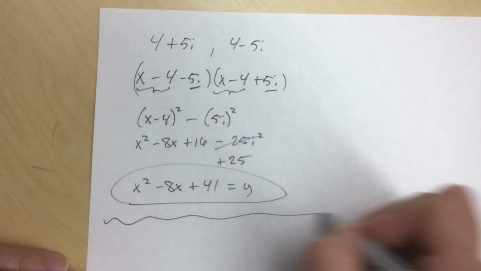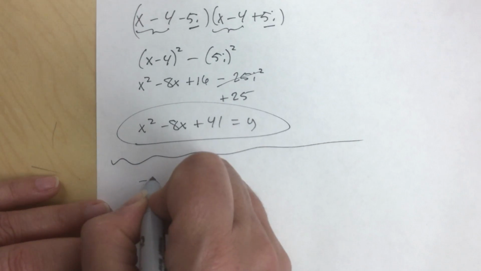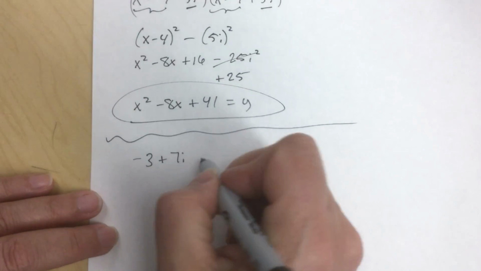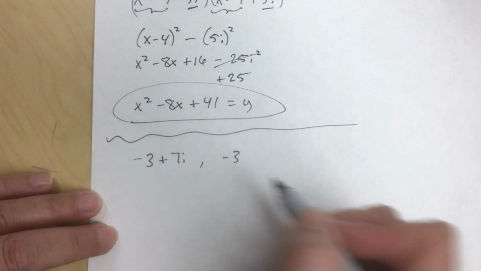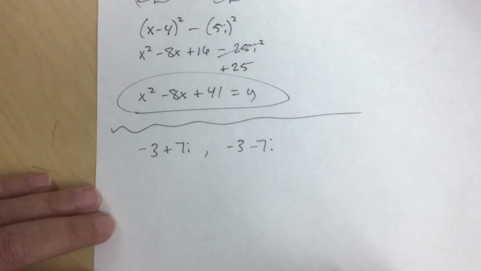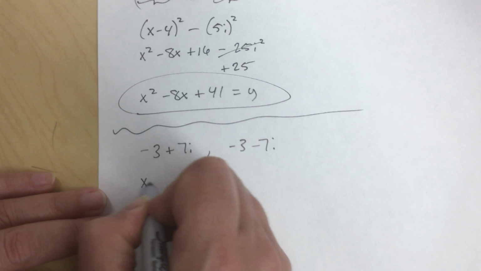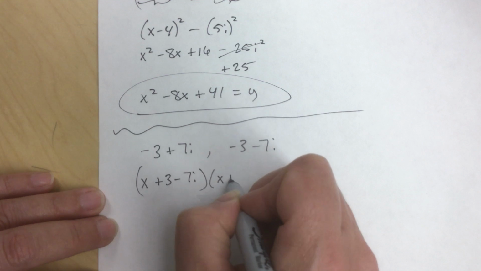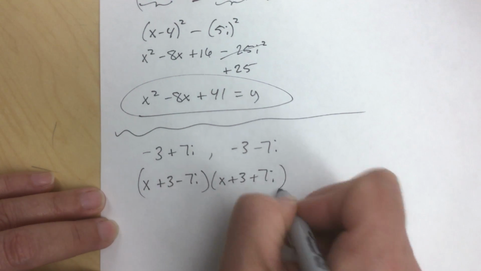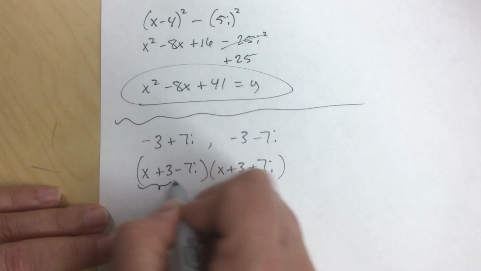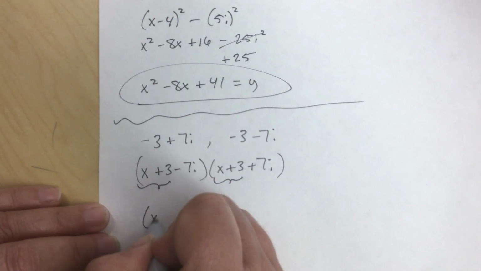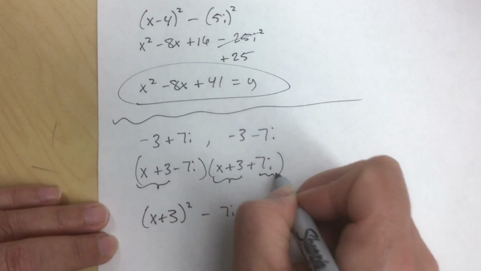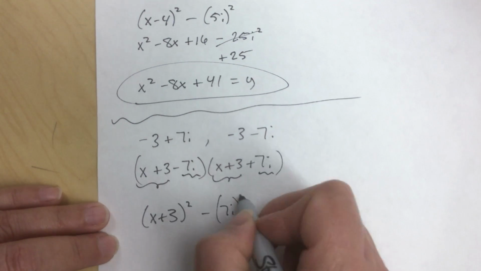Okay, let's do one with a negative in front. So let's say we have negative 3 plus 7i. Well, then your other root is going to be negative 3, the front thing stays the same, minus 7i. So my factors are going to be x plus 3 minus 7i times x plus 3 plus 7i. X plus 3 is the first thing, so I have x plus 3 squared. 7i is the second thing, so I have 7i squared.